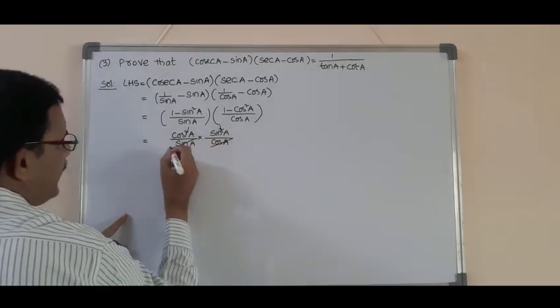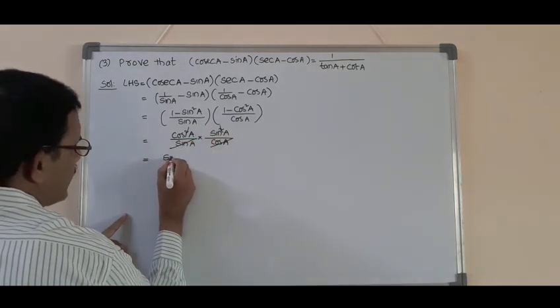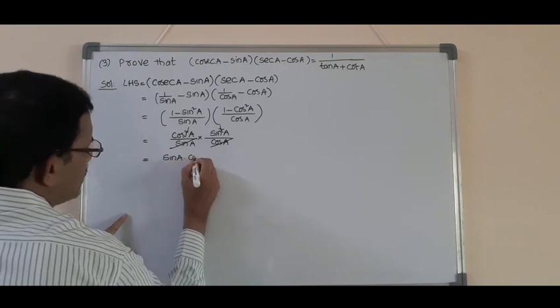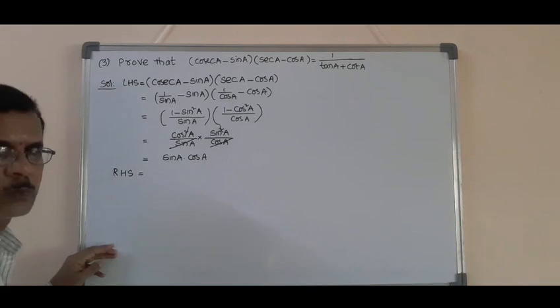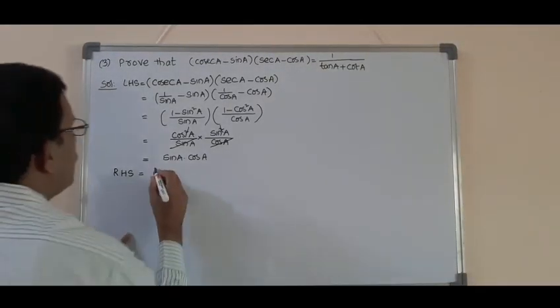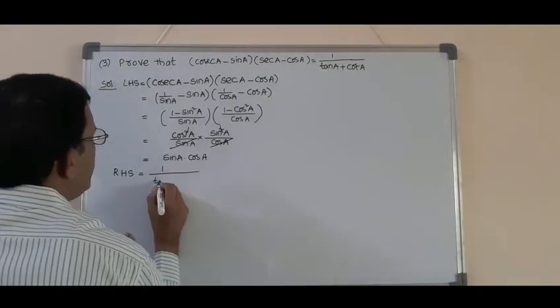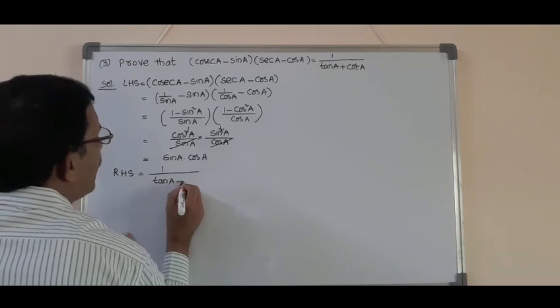This square, this sin A, cut. Now we have sin A into cos A. This is LHS.